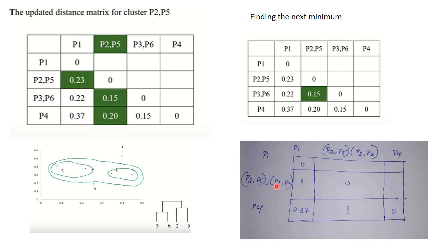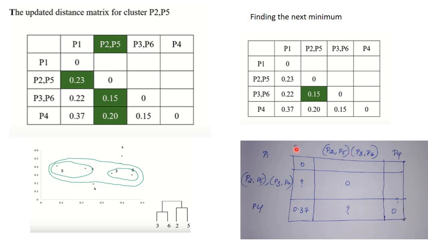So P1 is 0, P4 to P4 is 0. I already have P1 to P4 distance, that is 0.37, which I've put here. But what right now I don't know is the distance between P1 to this cluster, that is P2, P5, P3, P6, and the distance of P4 to this cluster.